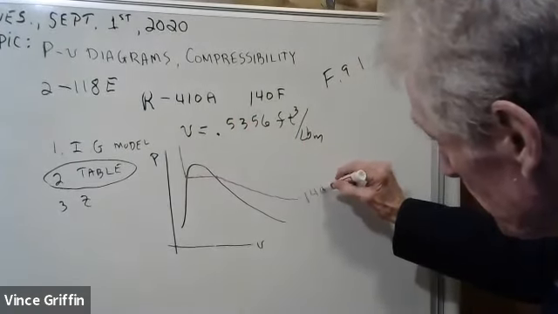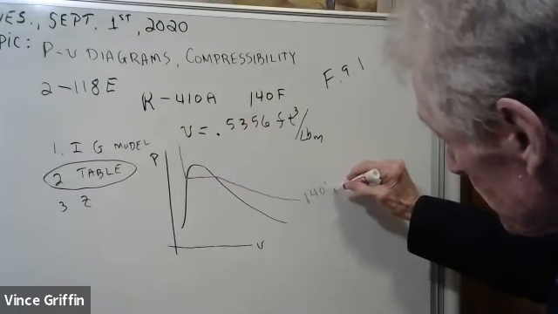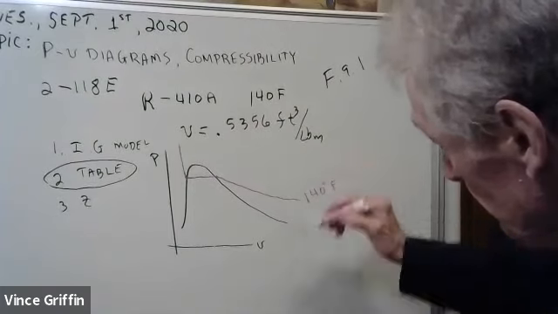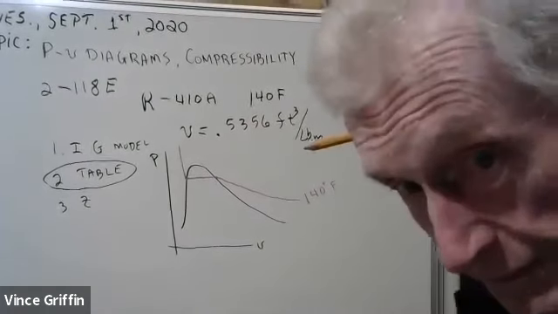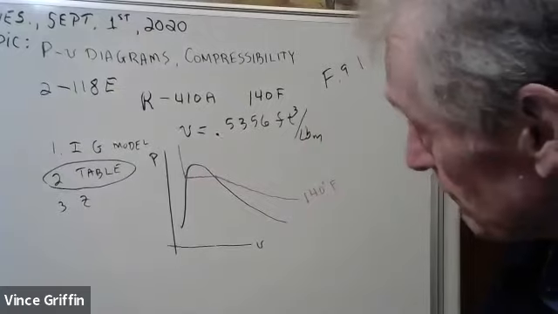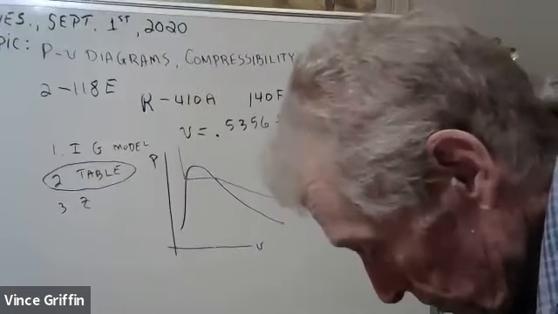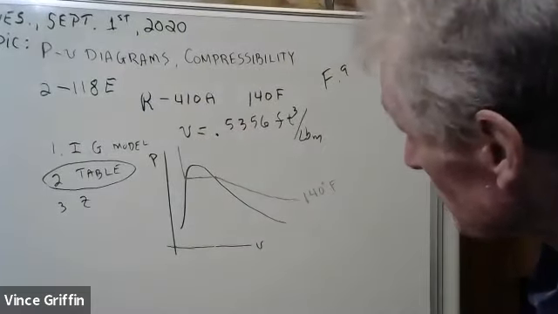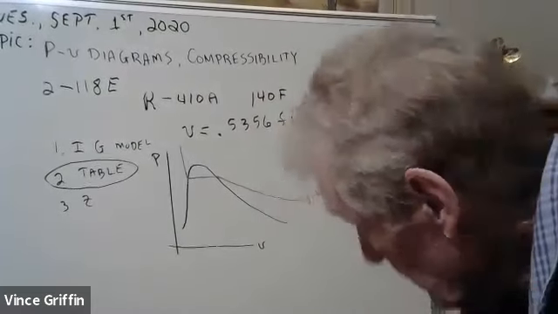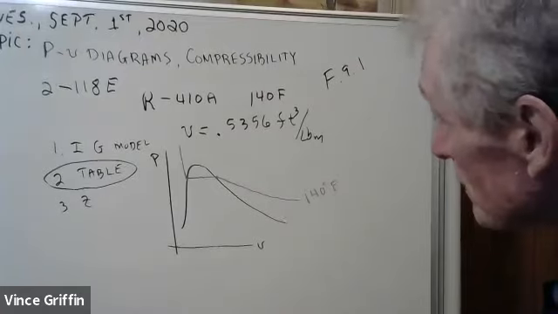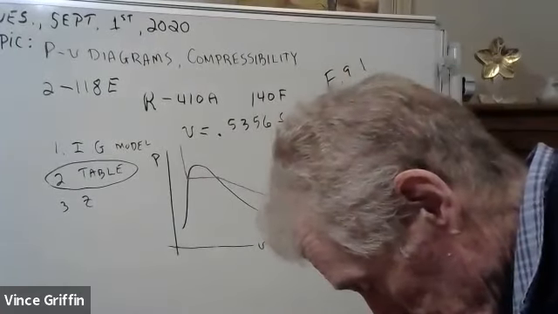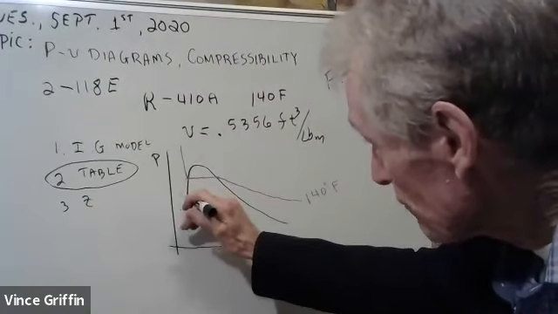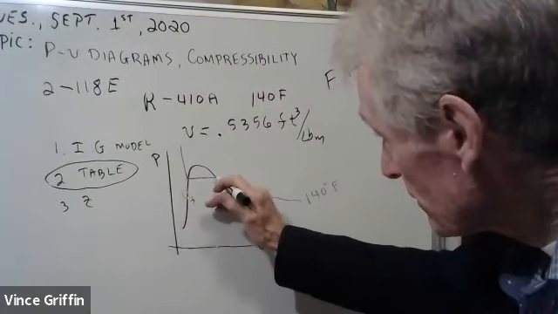140 degrees Fahrenheit. There we go. Now the VF at 140 Fahrenheit, this right here, that little VF thing, and here's a VG.